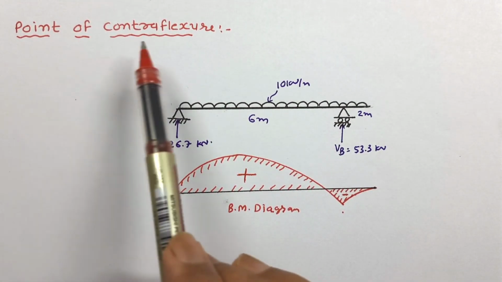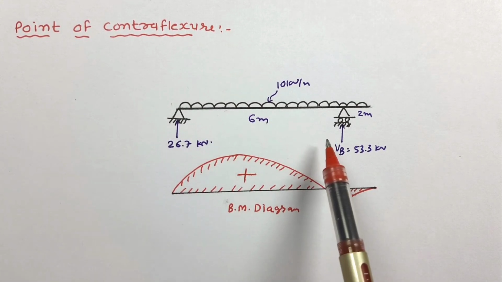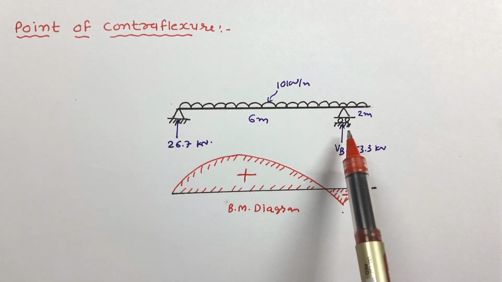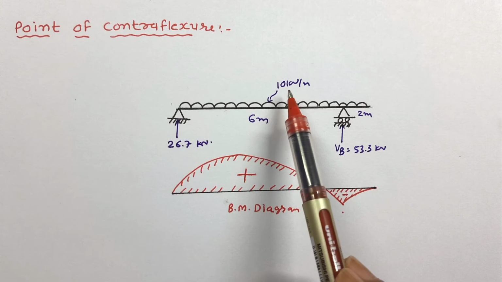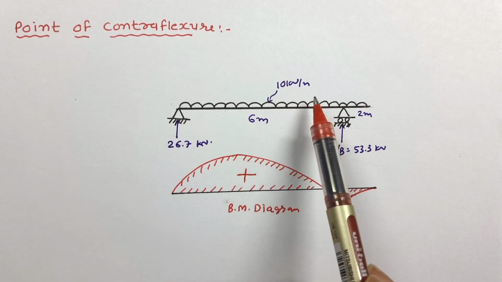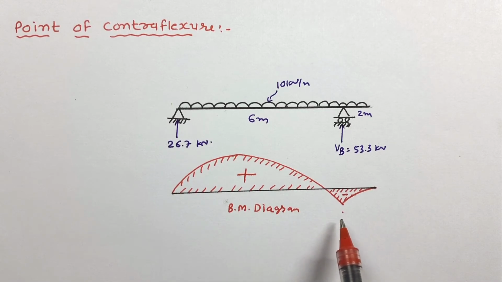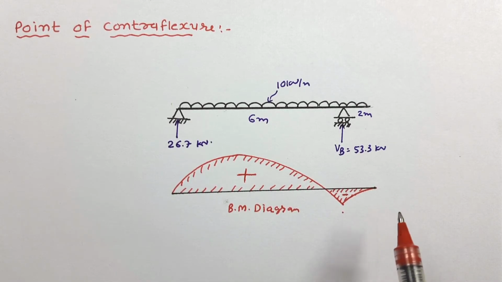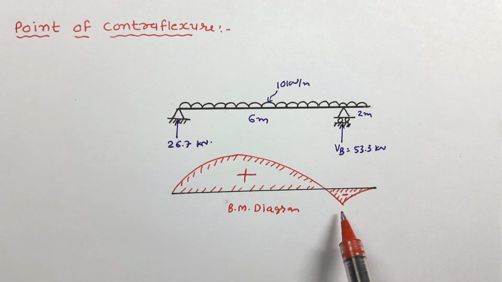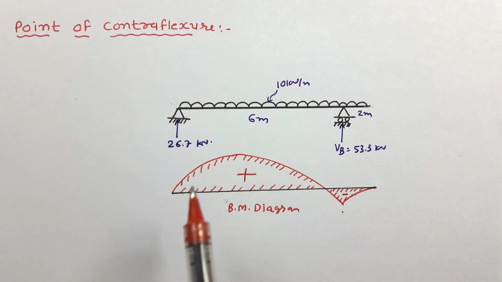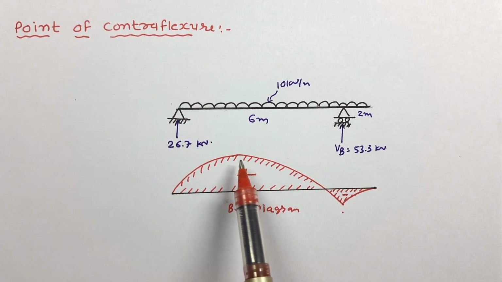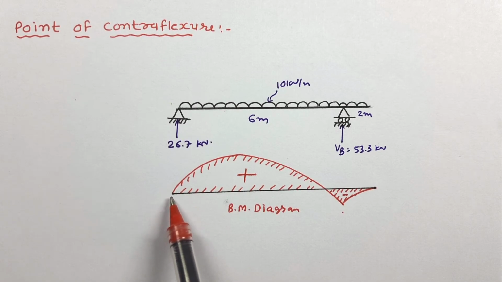Now the next point is point of contraflexure. Here in the figure, an overhanging beam is there which is subjected to UDL of 10 kilonewton per meter. So here the bending moment diagram is drawn. Initially there is a negative bending moment up to VB, and then gradually it becomes positive, it reaches a maximum, and at a point again it becomes 0.